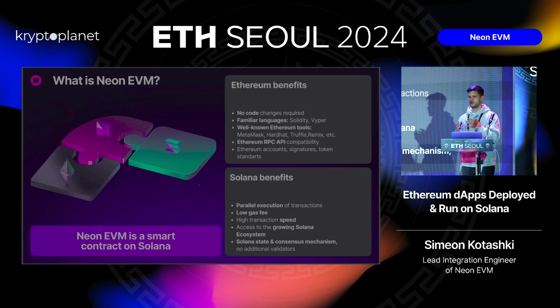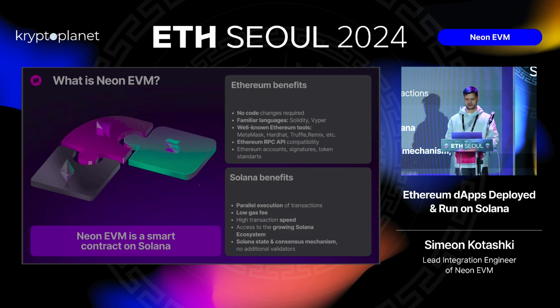You can use your tools and your EVM stack to deploy smart contracts on Solana, and also benefit from lower gas fees and not a global gas fee market, like what we have on Ethereum, but just gas fee markets per dApp.